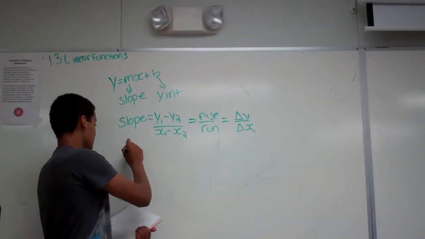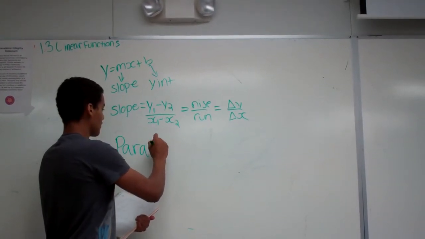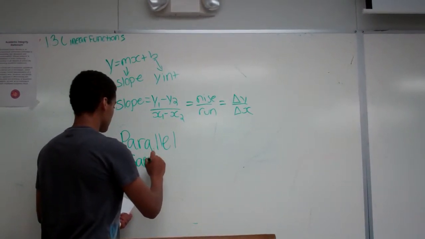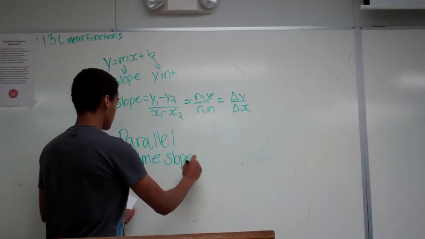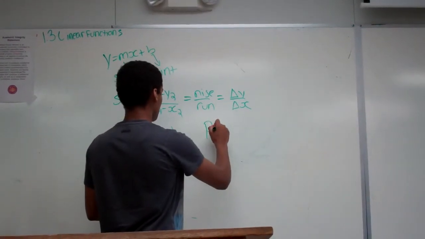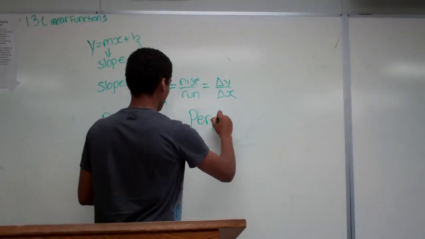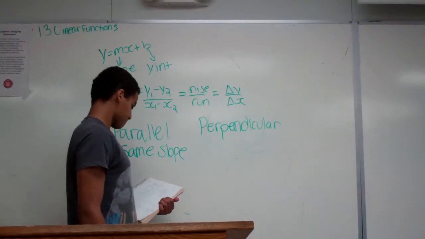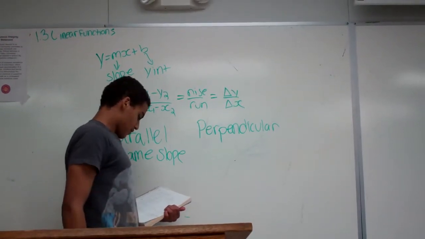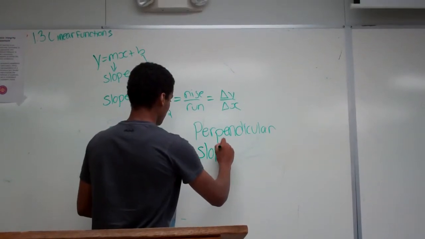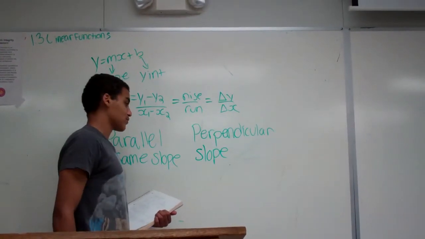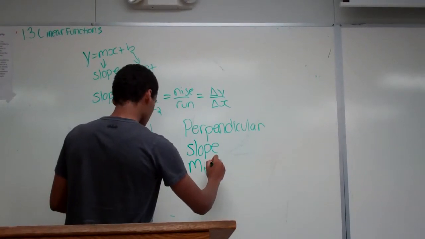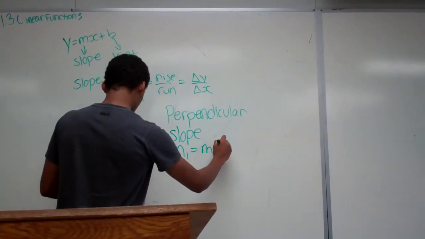A line is parallel if the slope is the same, so same slope, and a line is perpendicular if the slope is negative reciprocal, so the complete opposite, which can be represented by this equation right here, m1 equals negative 1 over m2.